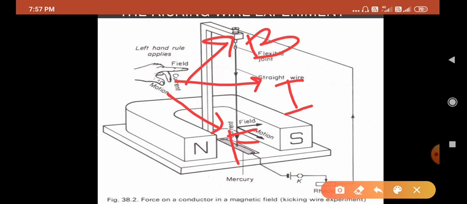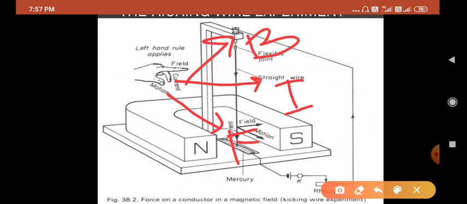Now, with the left hand stretch the forefinger, middle finger and thumb perpendicular to each other. If the forefinger indicates the direction of magnetic field and the middle finger indicates the direction of current, then your thumb will indicate the direction of force experienced by the conductor.